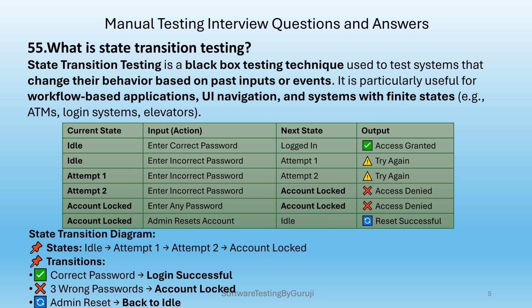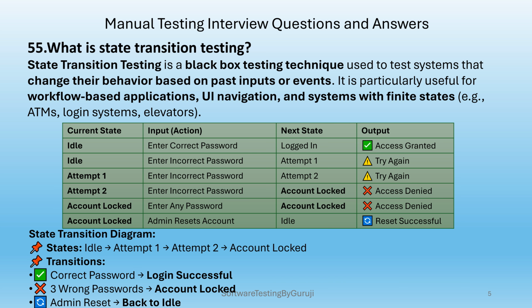Let's understand: first state idle, attempt 1, attempt 2, then account lock. After 3 unsuccessful attempts, our account will be locked. Transition: correct password, login successful; 3 wrong passwords, account lock; admin reset, back to idle. So this is the state transition testing flow.